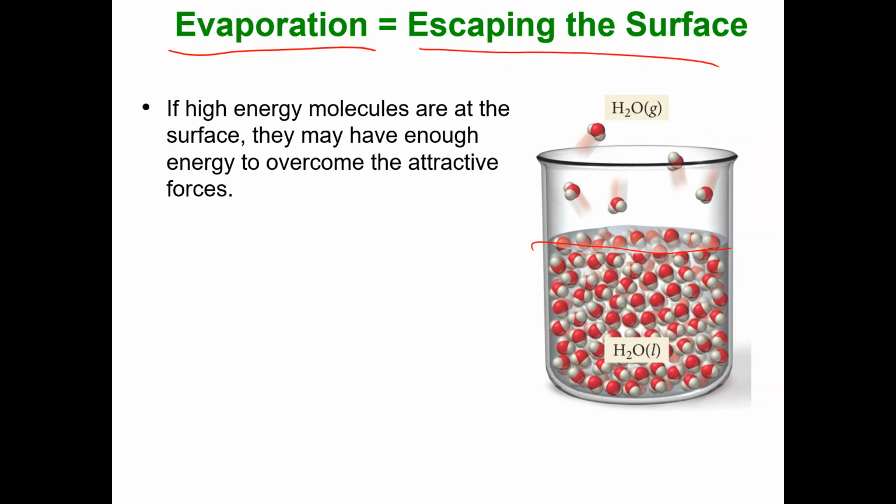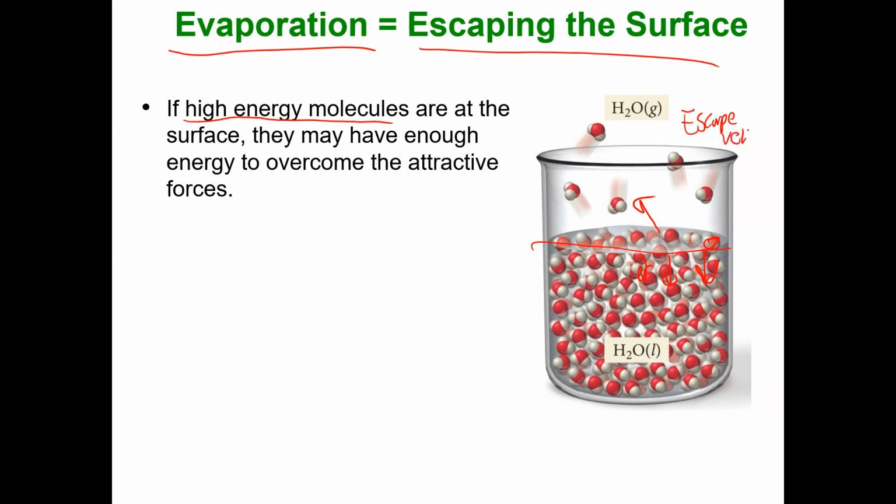However, if there are hot, fast moving water molecules at the surface with enough kinetic energy, they can overcome that downward pull we just talked about and escape into the vapor phase. That requirement is called an escape velocity.